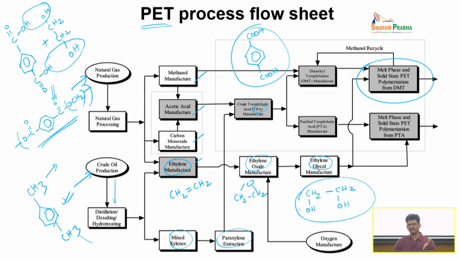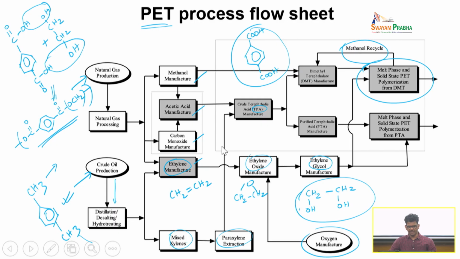Then you refine the products one by one through the intermediates, ethylene, ethylene oxide, ethylene glycol, xylene to terephthalic acid, and then you do the polymerization reaction. Oxygen is used for creating ethylene oxide, and there is also recycling of methanol as a byproduct. Everything is included here.